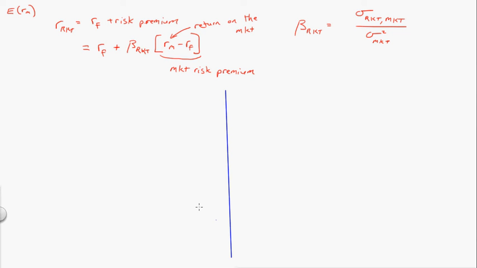I can draw a nice graph. It looks like this, where this is the market return. This is the return, in this case, on Rock-Ten, my individual stock. And I know if the market does something, Rock-Ten should do something in a reliable fashion, and it should look something like that.